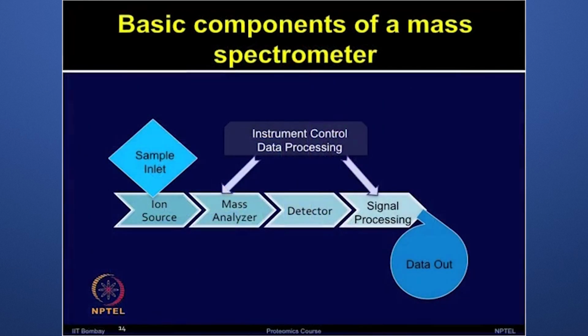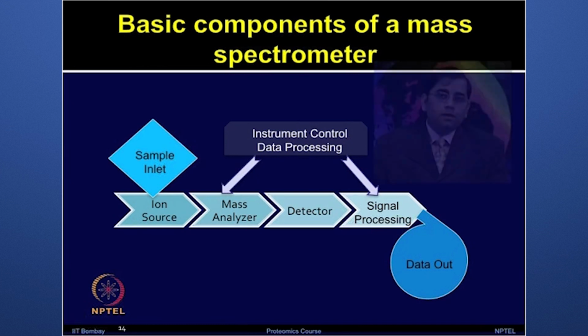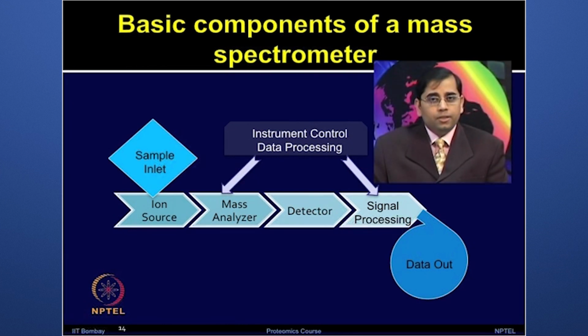The sample inlet transfers a sample into the ionization source. The ion source, or ionization source, converts neutral sample molecules into gas phase ions. The mass analyzer separates and analyzes the mass of the ionic species.